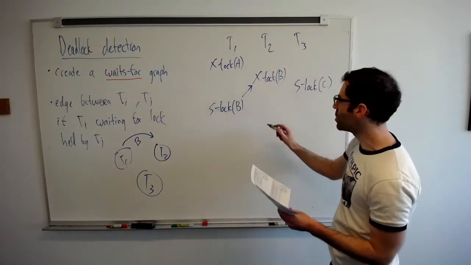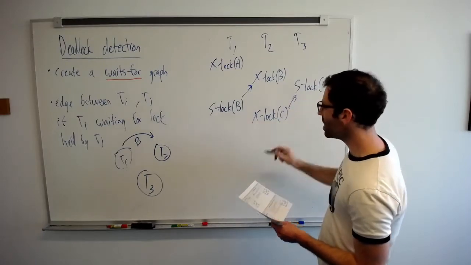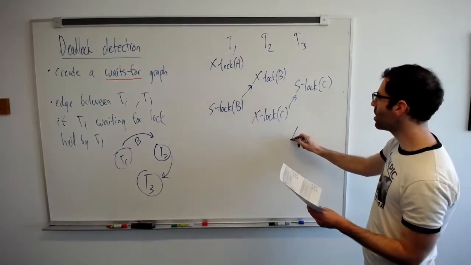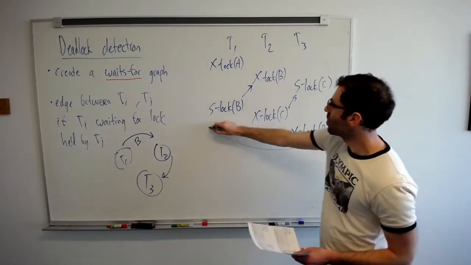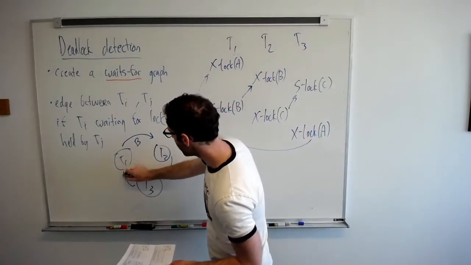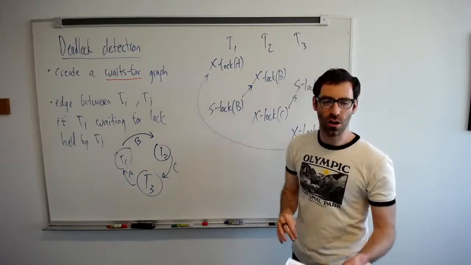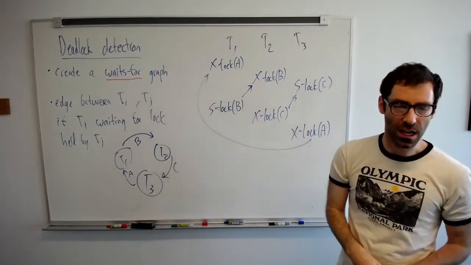And then T2 tries to lock C, so it's waiting on T3, and then T3 tries to lock A. And so now we have a cycle in our graph indicating that these 3 transactions are in a deadlock.